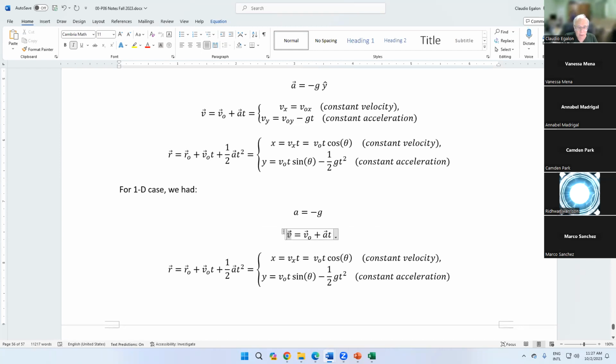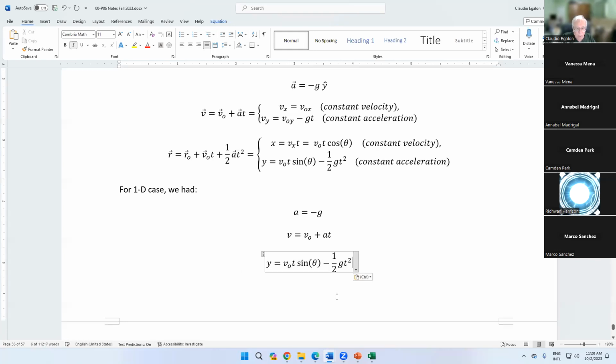V without the vector, a without the vector. And for the one-dimensional case of constant acceleration it was like that. X, right? V naught t without the sine of theta because it's a 1D motion.